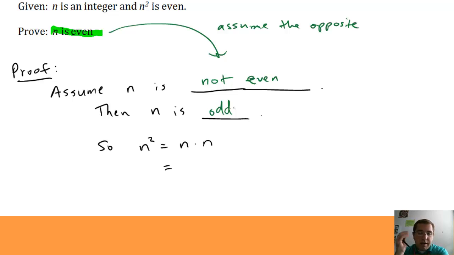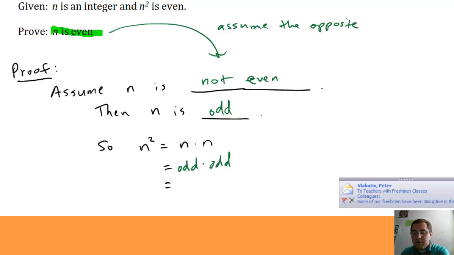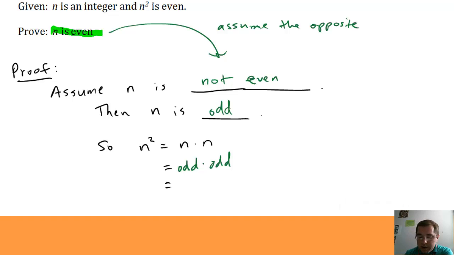Since n is not even, we know n squared just means n times n. Then n is odd, so n times n becomes odd number times an odd number. But an odd number times an odd number, like 3 times 5 or 3 times 7, is always an odd number.